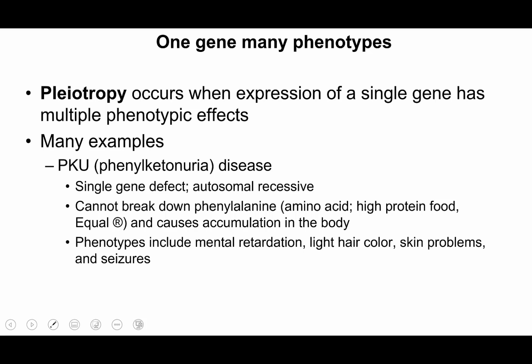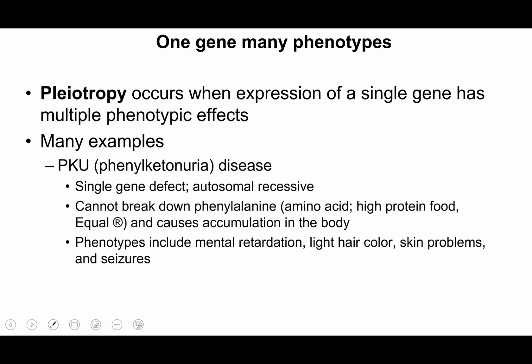A great example of this is PKU, where we have phenylketonuria disease. Here we have a single gene defect. It's autosomal recessive, and when we have this defect, we're not able to break down phenylalanine. That's an amino acid. It's found in a lot of foods, especially high protein foods. And if we start accumulating this phenylalanine, it can have a lot of effects.